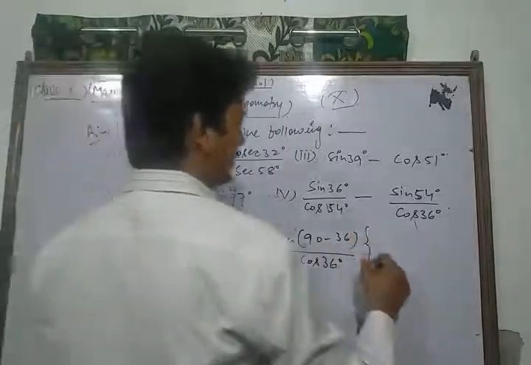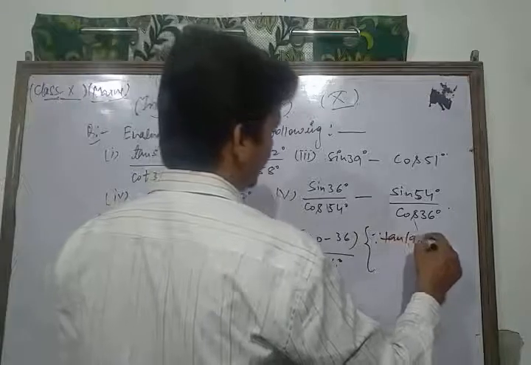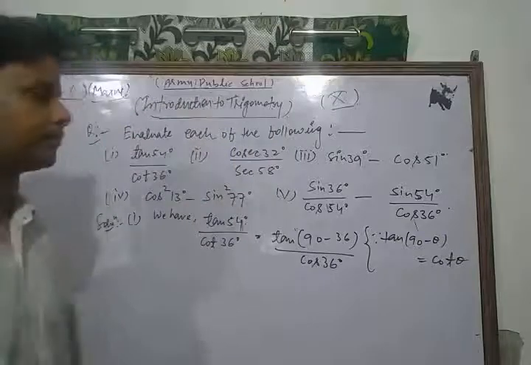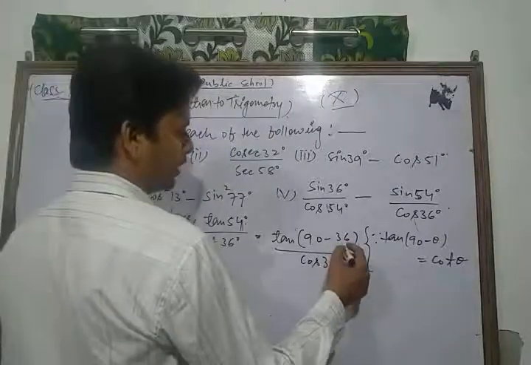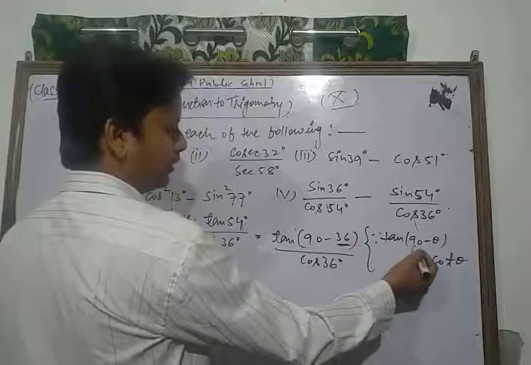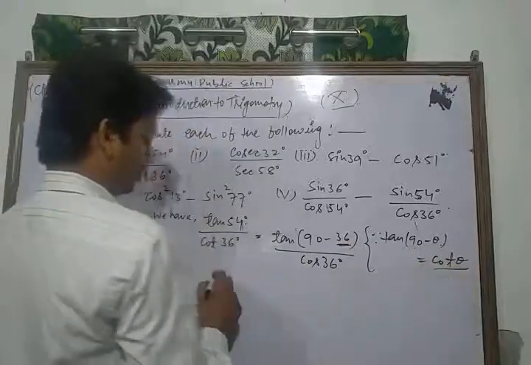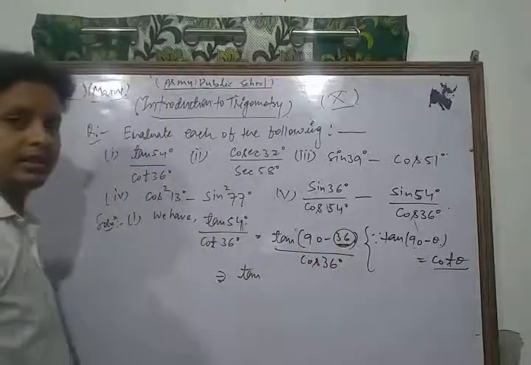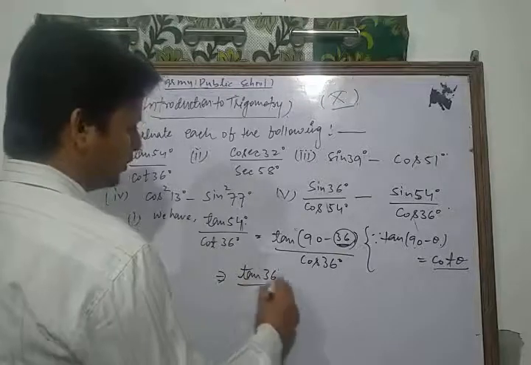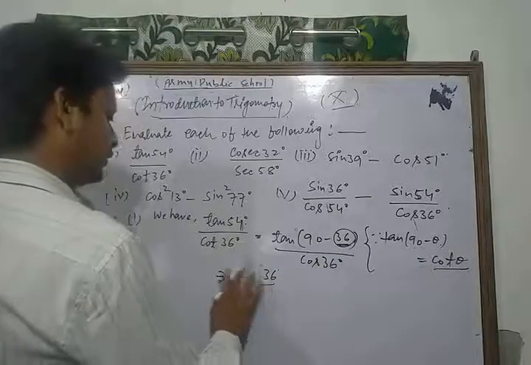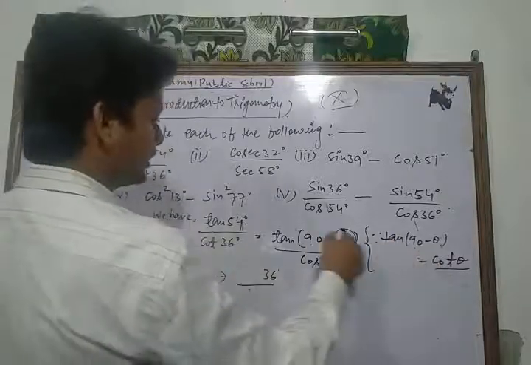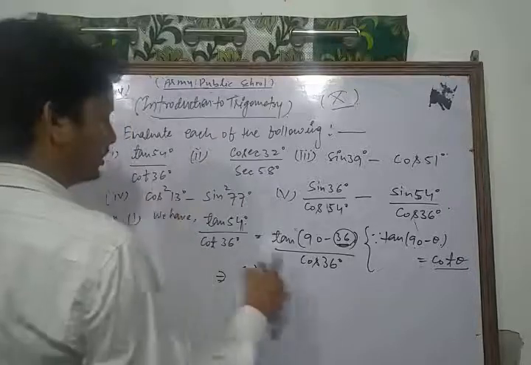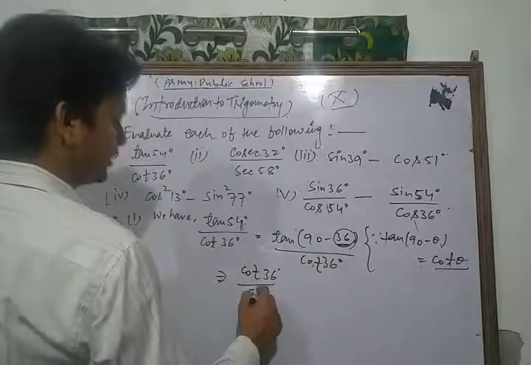Since we know that tan 90 minus theta is cot theta, this is the formula which we discussed. Here theta is 36, so we can write tan 90 minus 36 is cot 36, upon cot 36 degree as it is.